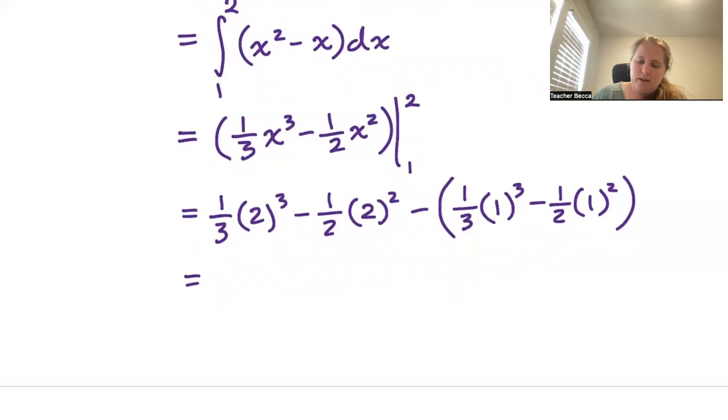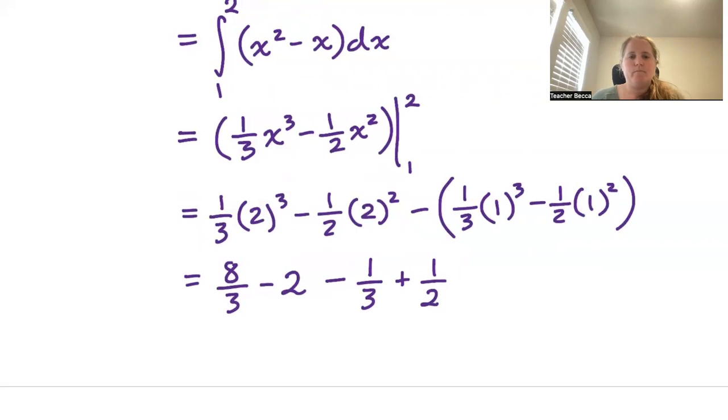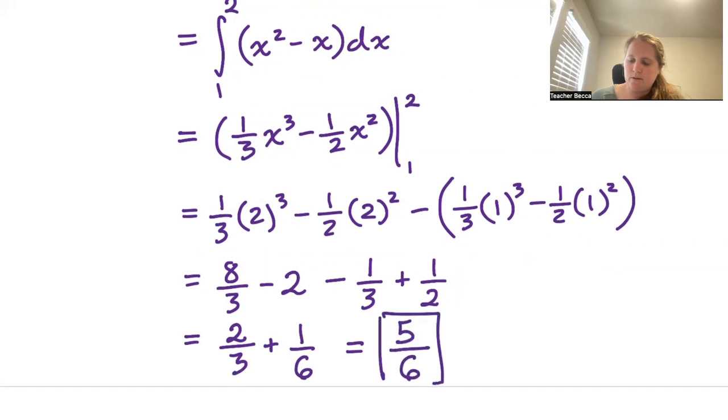This becomes 8/3 minus 2, and then we have minus 1/3 plus 1/2. This is 2/3 and then plus 1/6, better known as 5/6. So the area between our curves from 1 to 2 would be 5/6.